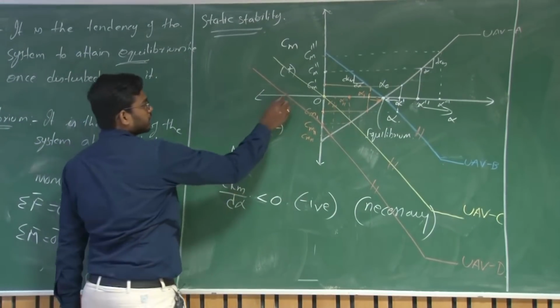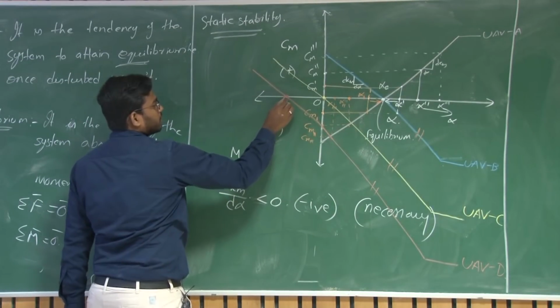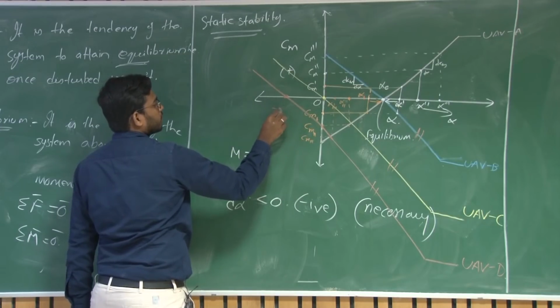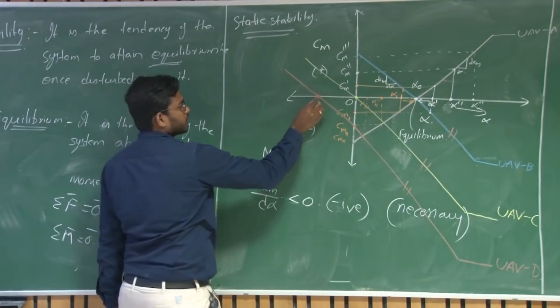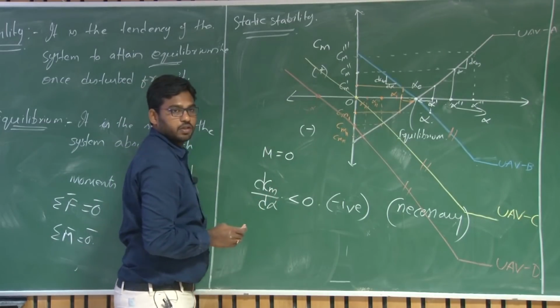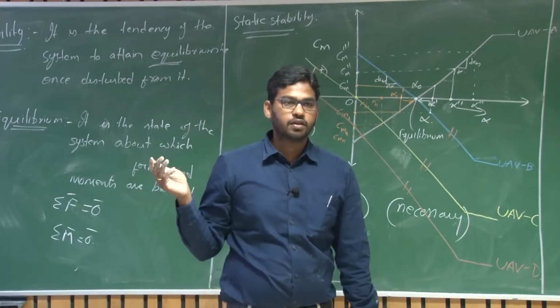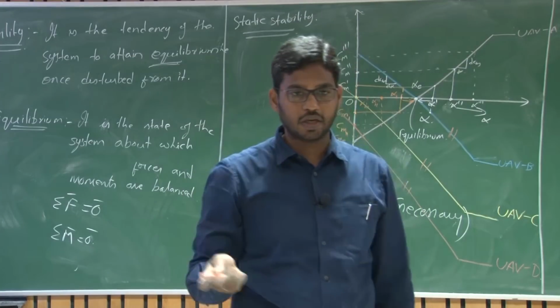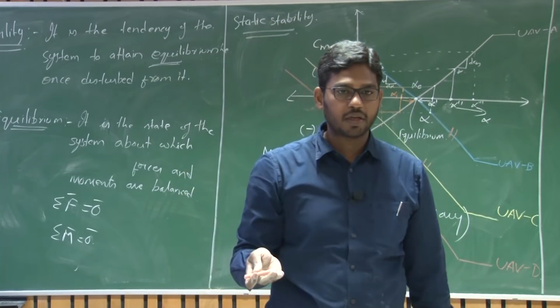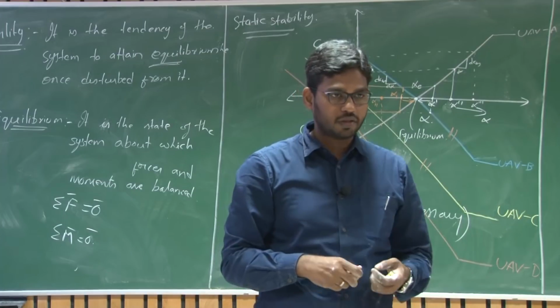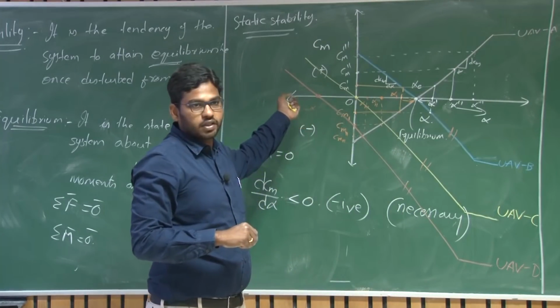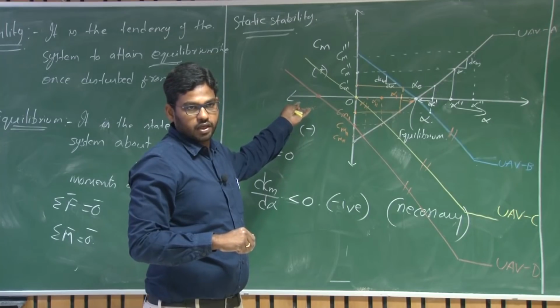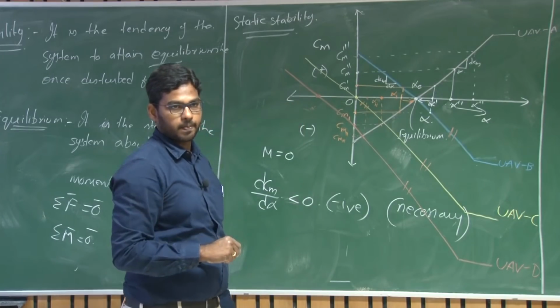So in this case where is the trim? It is at negative angle of attack. This is your negative alpha, right, alpha negative in this direction. So the trim alpha is negative, but we know CL is equal to CL naught plus CL alpha into alpha. When you have negative angle of attack, you are actually reducing the lift CL, that means you will not be able to sustain the weight at this particular angle of attack.